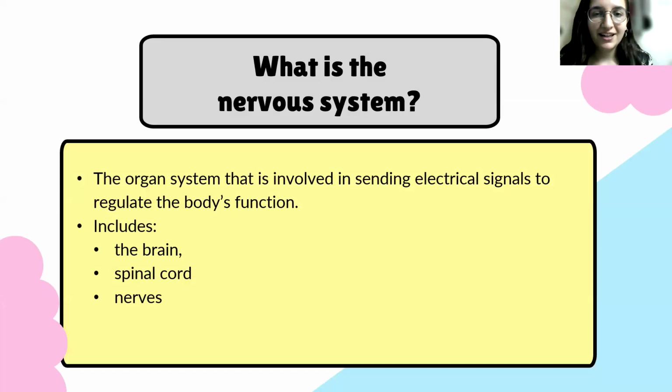Inside your body, there are electrical signals shooting to different parts of the body. And this will involve the brain. These are the most important parts: the brain, the spinal cord, and the nerves. The nerves are the nerve cells, they're involved in this. The brain, the spinal cord, and the nerves that are extending throughout the body.